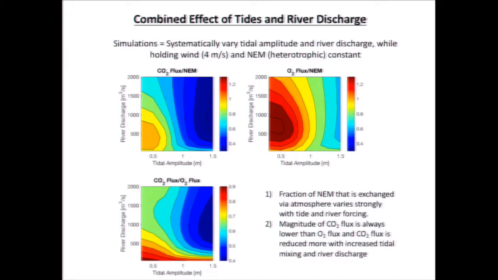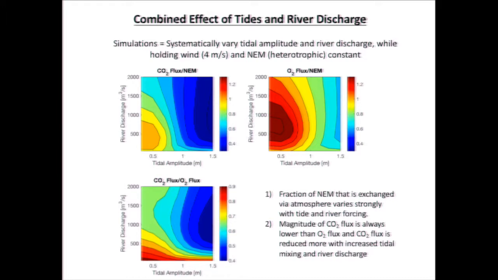And if you look at what's happening with oxygen, it's a net heterotrophic system, so it's ingassing oxygen. It's ingassing more than is needed for low tidal mixing and low river discharge, and it begins to ingas less as the tidal mixing goes up and the river discharge goes down. But the ratio of the CO2 flux to the oxygen flux isn't constant.